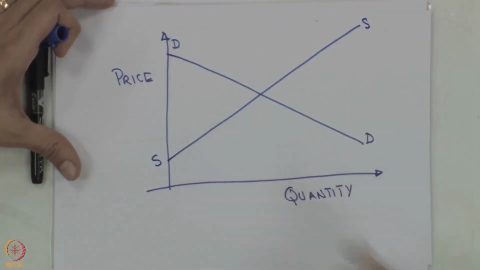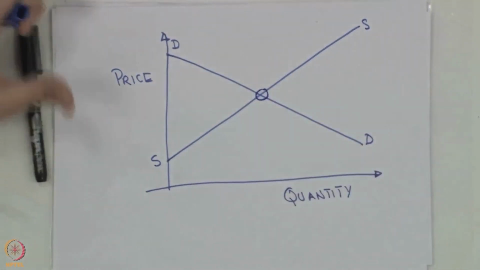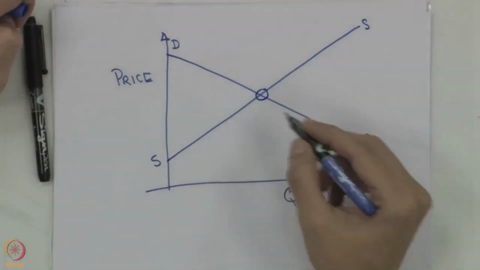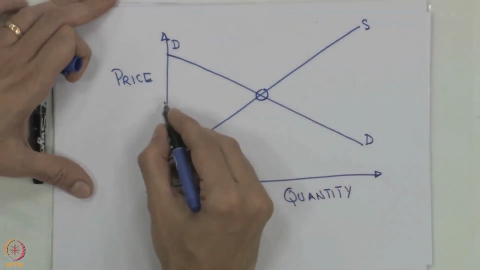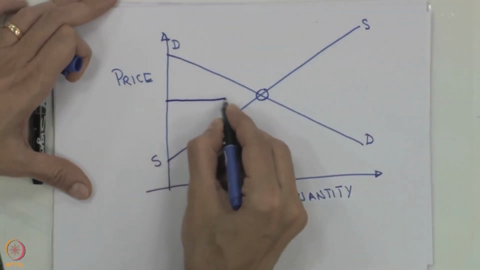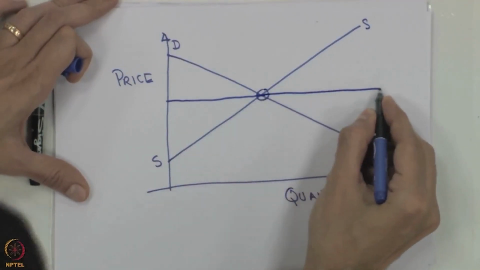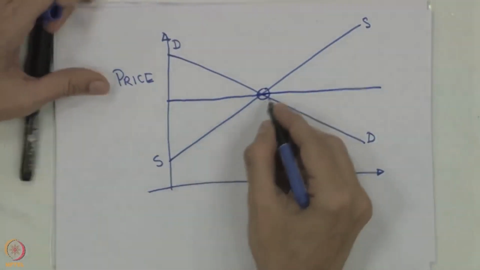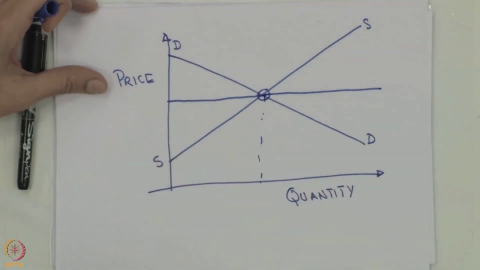So, here if you see, we will get this point which is the point of intersection, which will give the price at which we will operate in the market. We can draw a straight line through this, and this then becomes the quantity demanded, and this is the price.